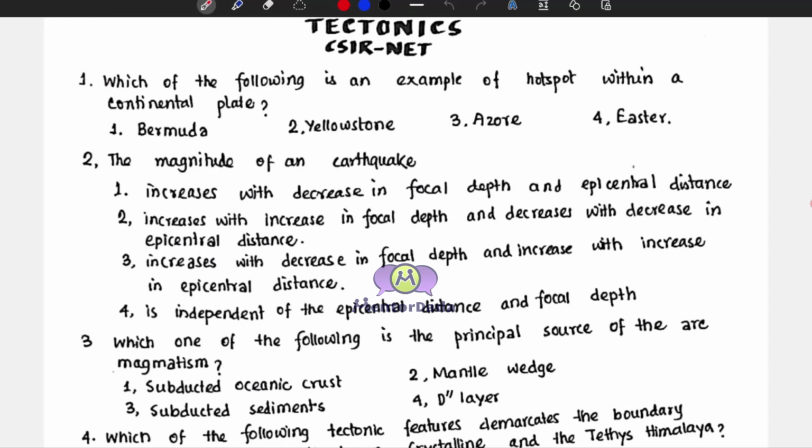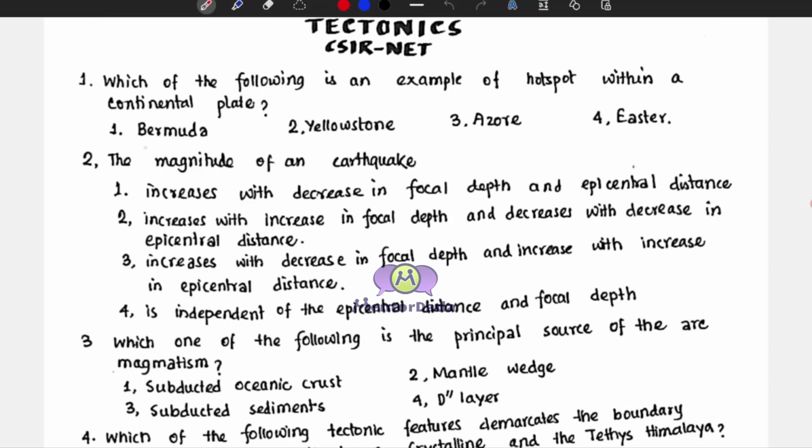Bermuda is situated on the eastern side of the North American continental part, in the North Atlantic Ocean.